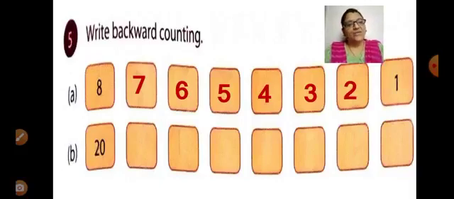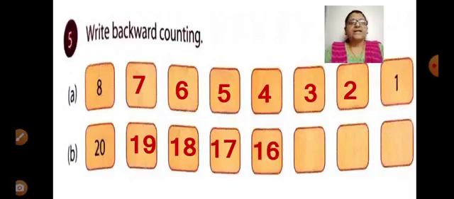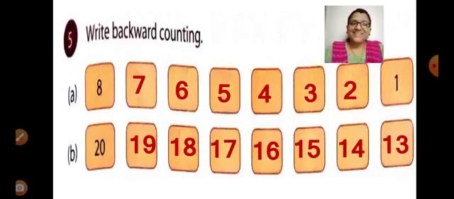So write this down in the given boxes. Next, first number is 20. Let's do the backward counting. 19, 18, 17, 16, 15, 14 and 13. Correct.